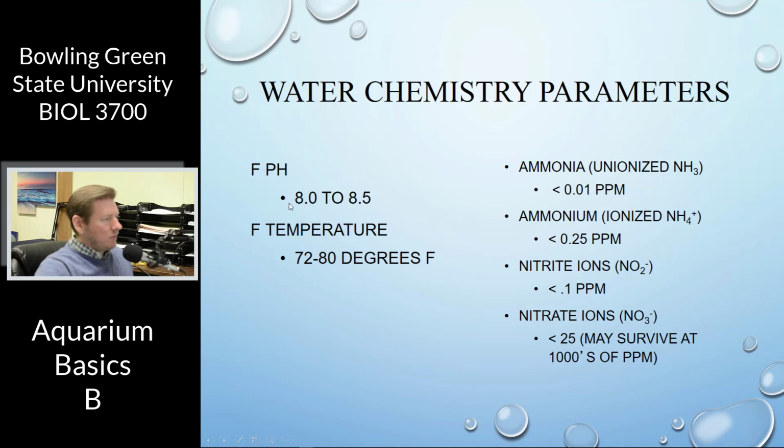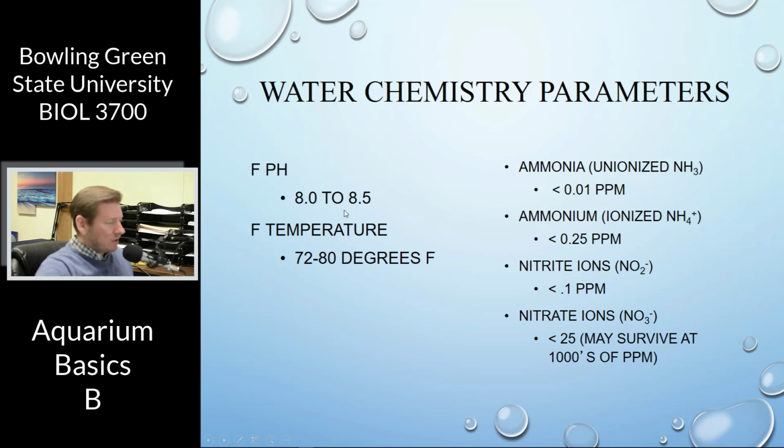And so some general guidelines. If you have a saltwater aquarium, you want your pH at about 8.2, but as long as it's between 8.0 and 8.5. Above that is pretty extreme. It's hard to get a pH that high unless you're adding something in properly. But normally it should stay around 8.2.